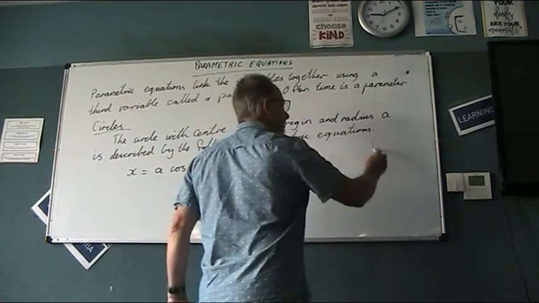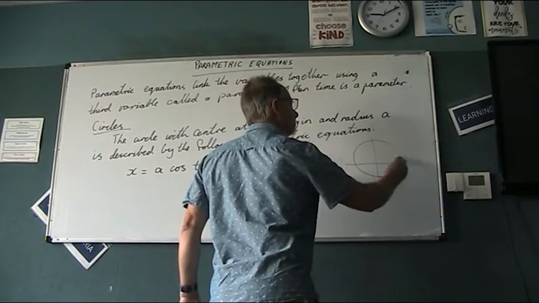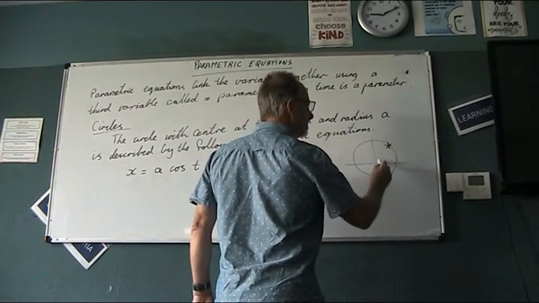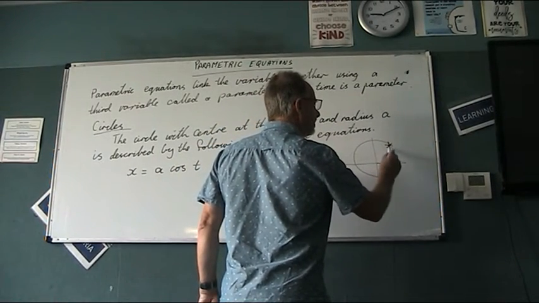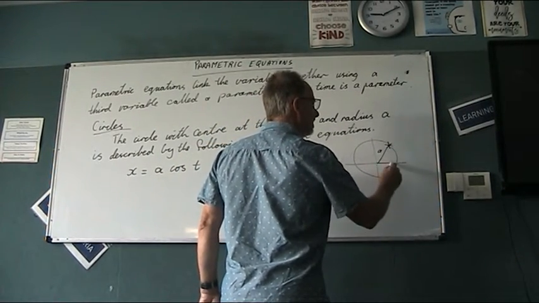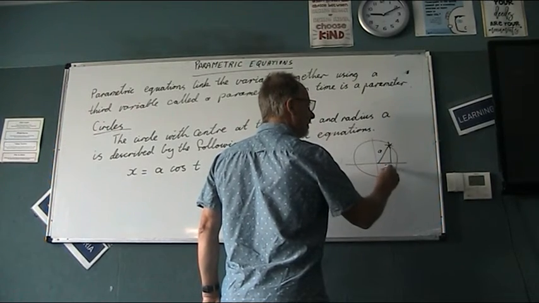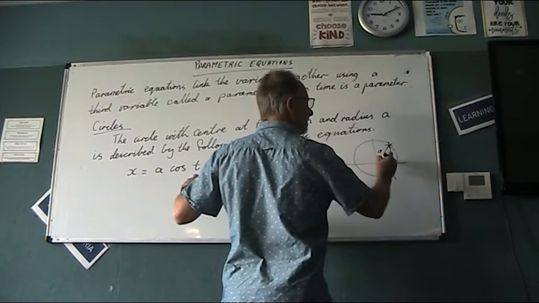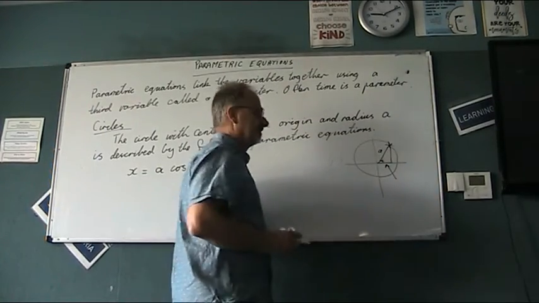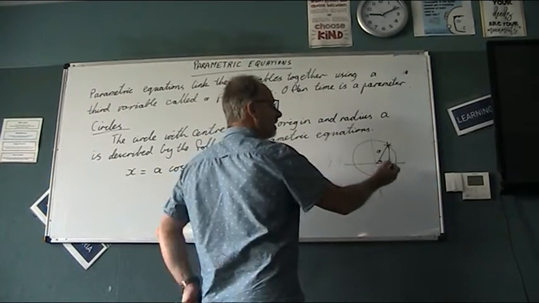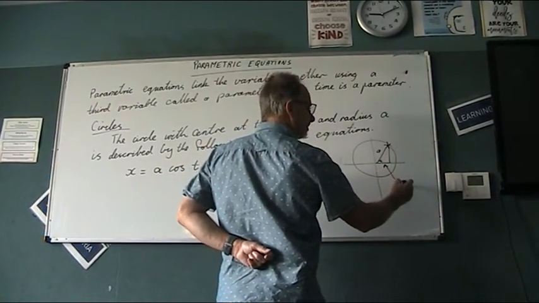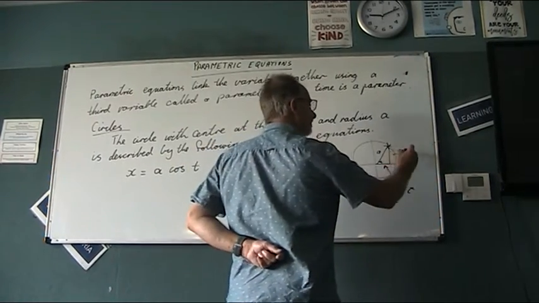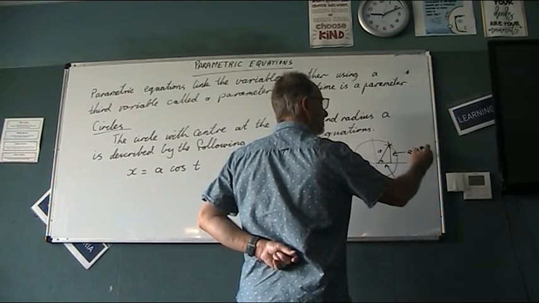if we've got a point that's there, then the x value, the radius is a, then the x, that one there, if this angle here is in terms of time, then that's cos t for the x, and so for the y coordinate, it's then sine.